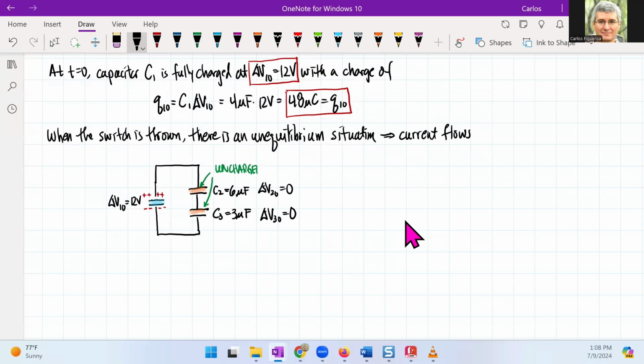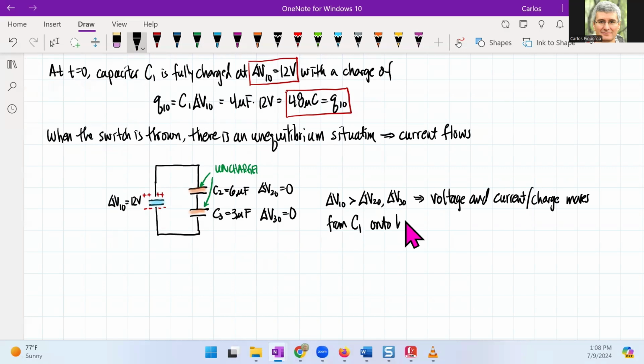So the fact that we have an unbalanced situation here tells us that V1 initial has to be greater than V2 and V3 initial, which means that we have a voltage, and current slash charge moves from C1 onto both C2 and C3.